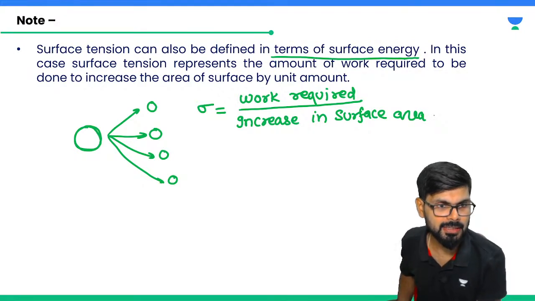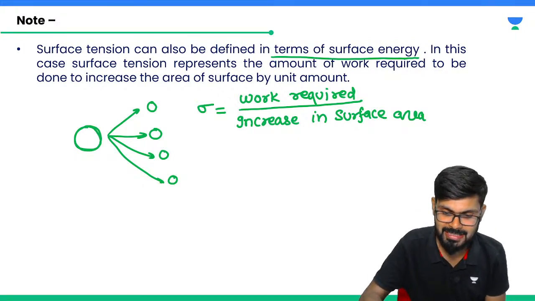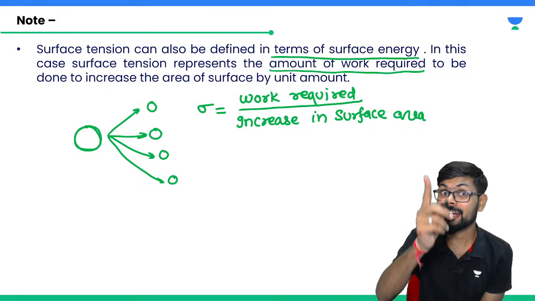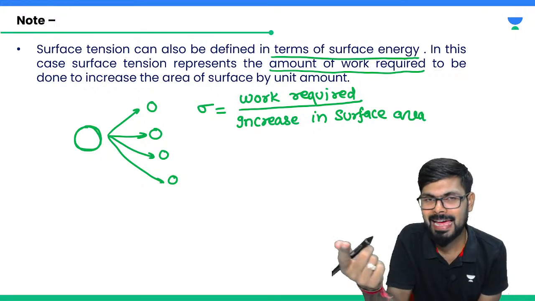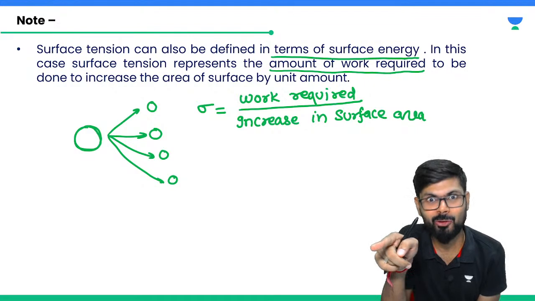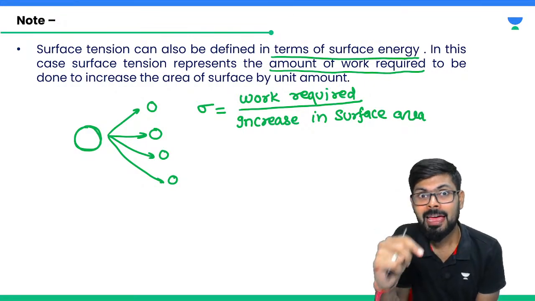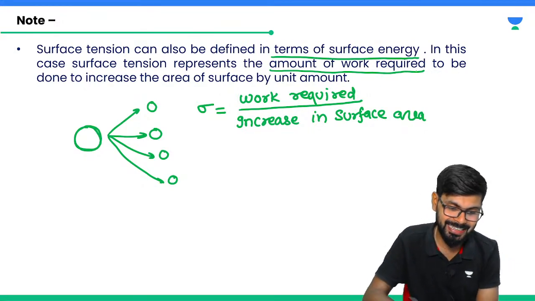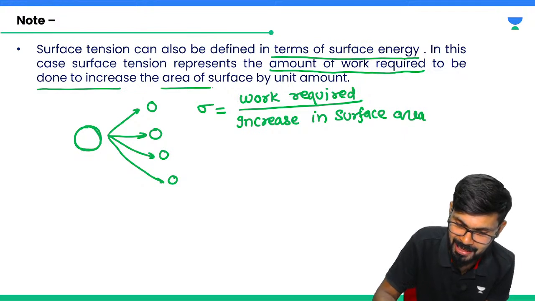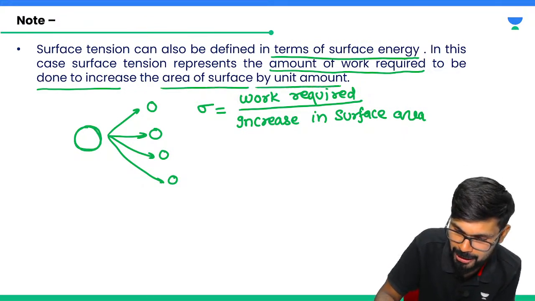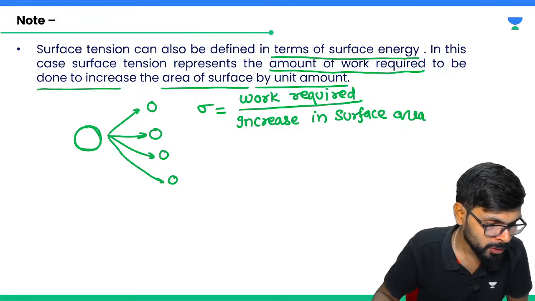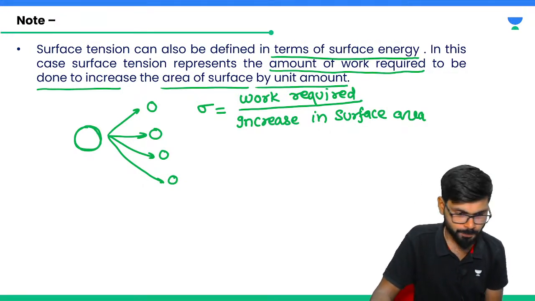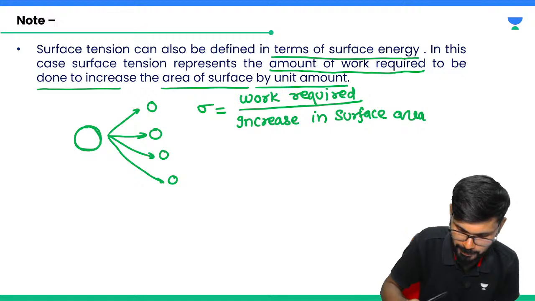So surface tension represents the amount of work required. Exactly, it is defined as F by L only, but it is actually representing the amount of work to be done to increase the area of the surface by unit amount. Clear? Any confusion? No confusion at all.